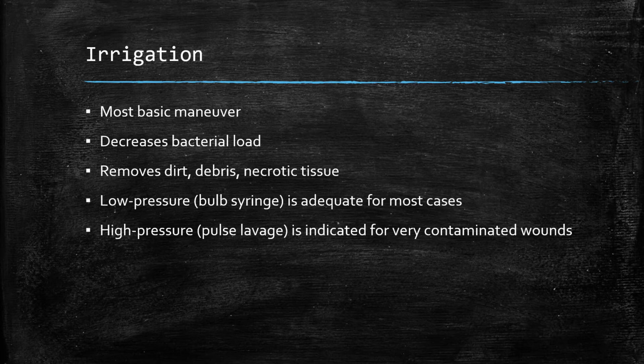Irrigation decreases the bacterial load and also removes any dirt, debris, foreign bodies, or necrotic tissue that may be present. A low-pressure bulb syringe is adequate for most situations, but occasionally you'll find it useful to use a high-pressure pulse lavage system for very contaminated wounds.